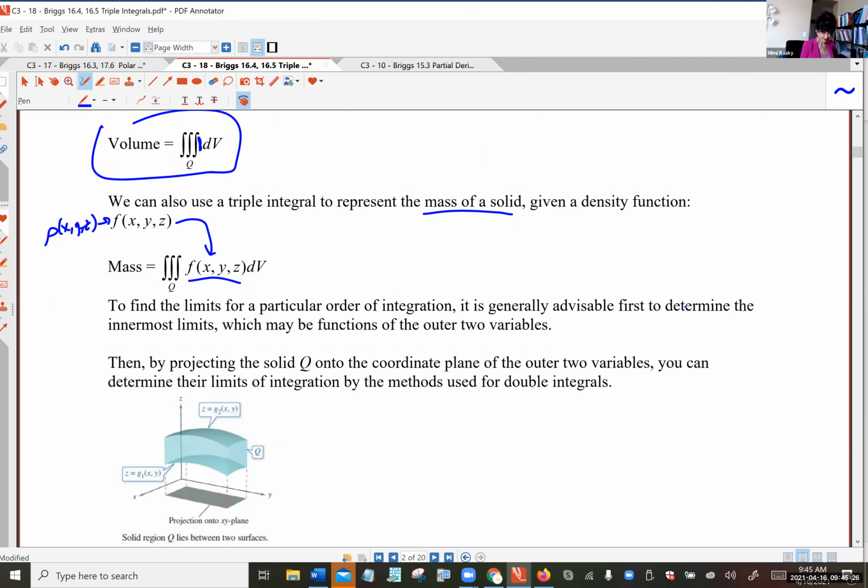Fine. Now, how do you find the limits? Well, I like to first figure out what the innermost limits are, which is usually z for me, if I have my choice. What's z doing? Is z going from a floor to a ceiling, that kind of thing? If you're looking at this picture here, notice that z has a floor, this surface here, and then the ceiling is there.